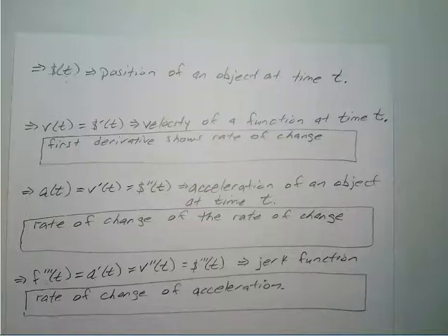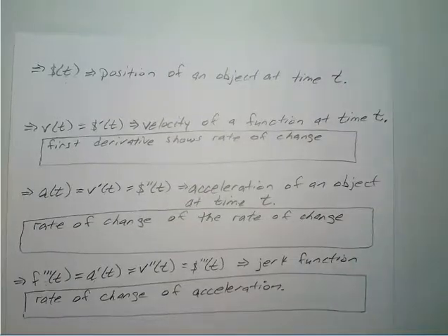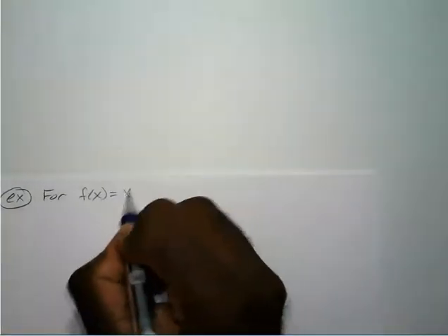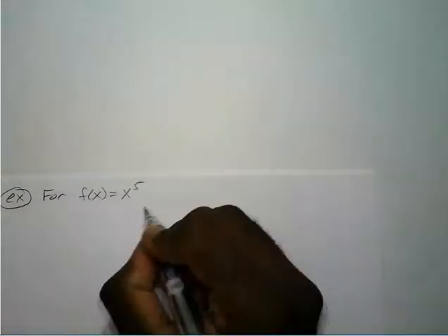Okay, so if you are still writing, feel free to press pause. But we're going to go ahead and jump into a few examples. For example, let's say you have f of x equals x to the fifth power.